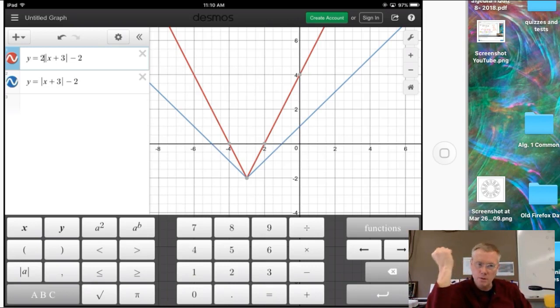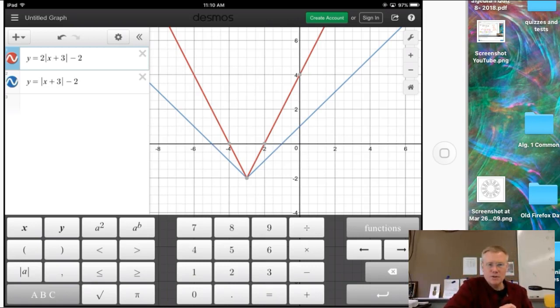So if you're graphing it, you start where the vertex is, which is negative 3, 2, and then you do a slope of 2. It goes straight up to the right 2, and a slope of negative 2 going up and to the left, okay? So that A is going to be the slope of the V, and that's important when you're graphing it by hand. All right, so that was our stretch.